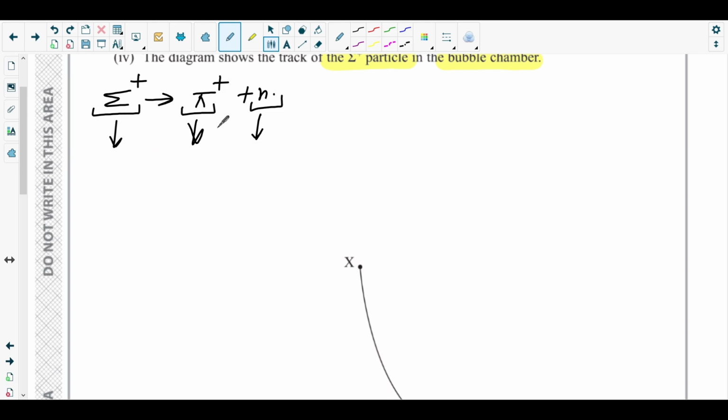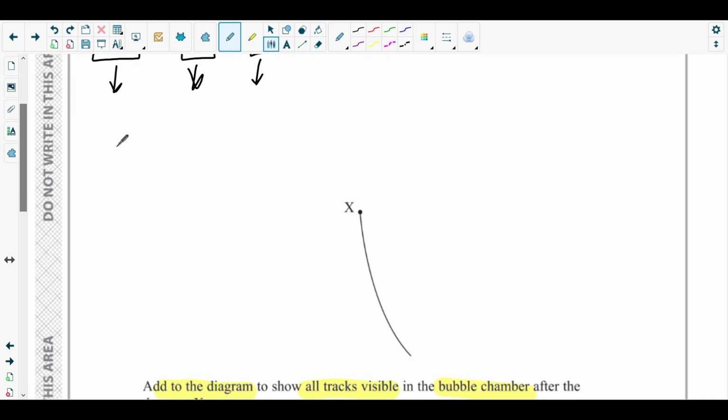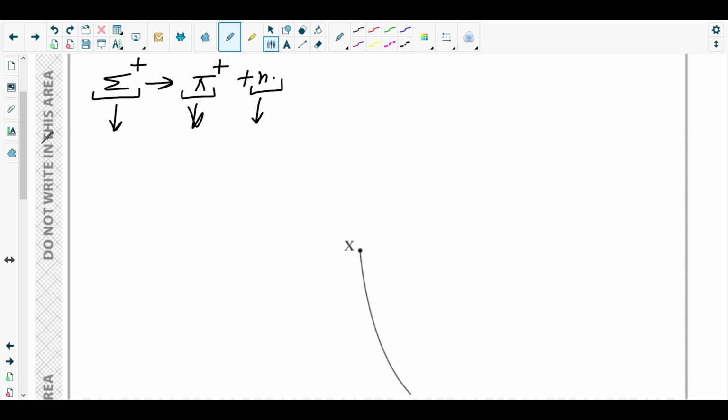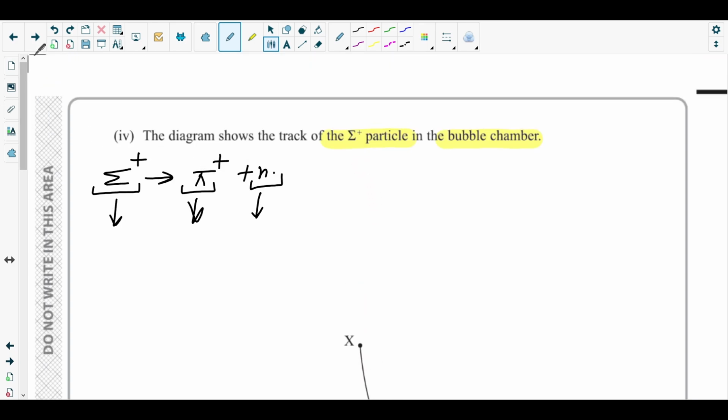So that means in the bubble chamber, when we draw the curve for the track of the pion plus particle, we should be aware that it has smaller energy and momentum. So its radius of curvature will be smaller than that of the omega plus particle. We have seen earlier in the previous part 3 that the two particles go like this, one goes that way, another goes this way.